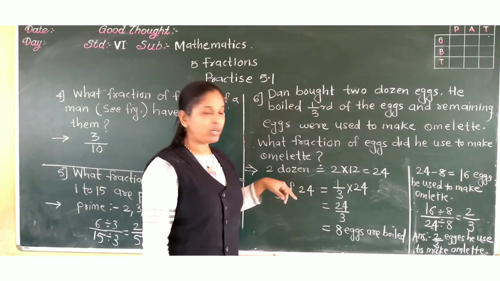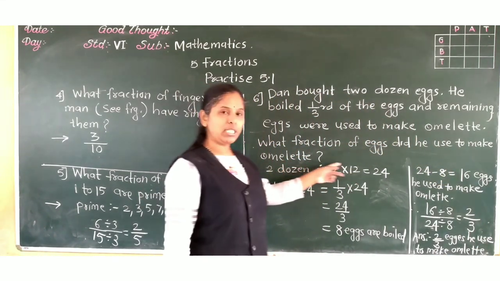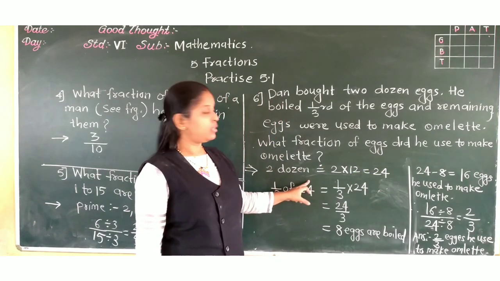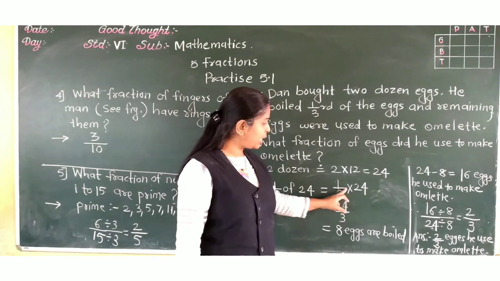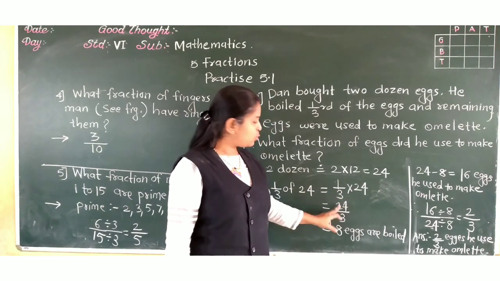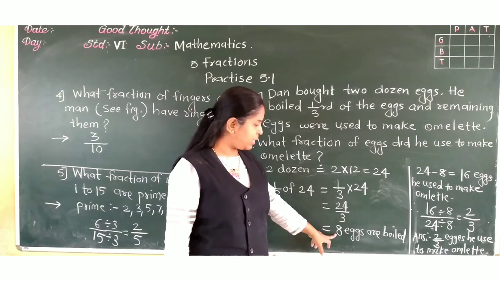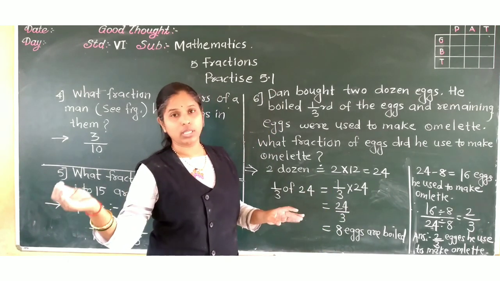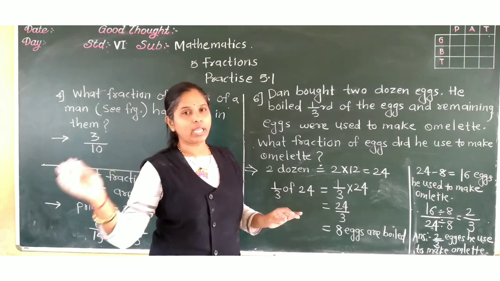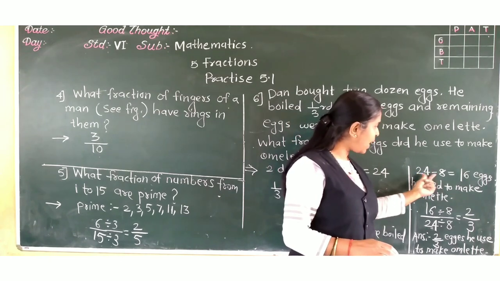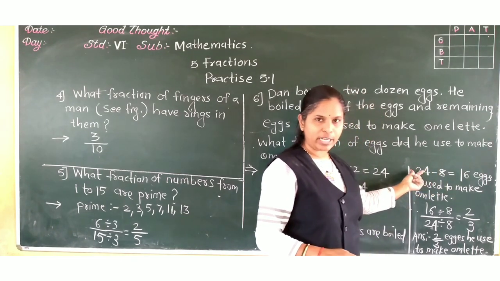Followed? First what we have to do? 2 dozen means 24 eggs. Now 1/3 of 24 means what? So 1 upon 3 into 24. That is 24 ones are 24 divided by 3. So 24 divided by 3, 8. 8 eggs are boiled. So how many he used to make an omelette? So subtract 8 eggs from 24 total eggs.